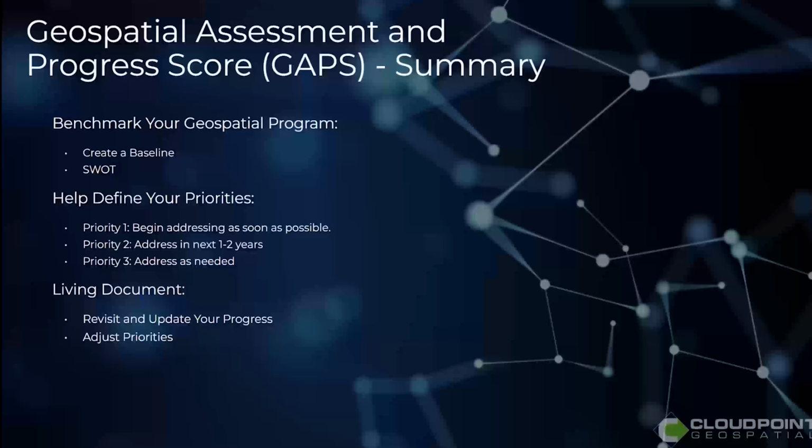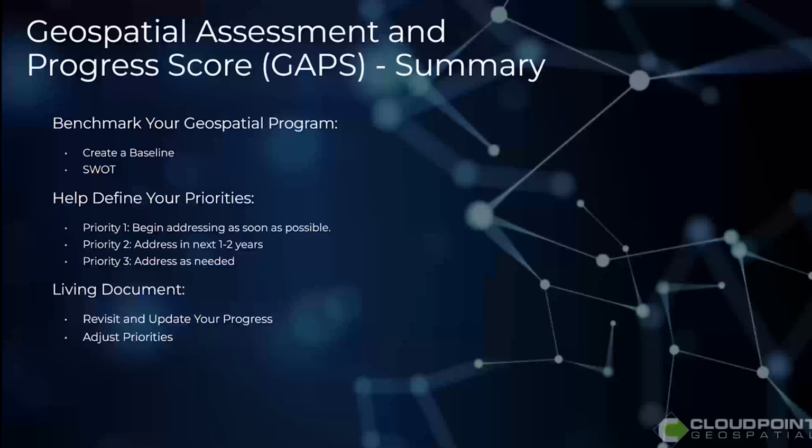What can we begin addressing as soon as possible? Some of those lower scored things that we've identified, just a little bit of change can make a huge difference, right? So maybe we can address those over the next quarter. We can identify some priorities that we want to accomplish over the next year. And then again, just other things we can address as needed.